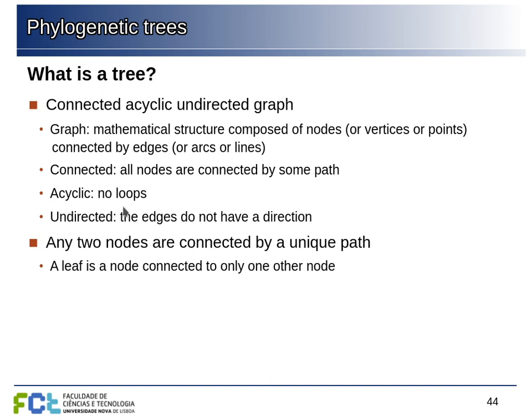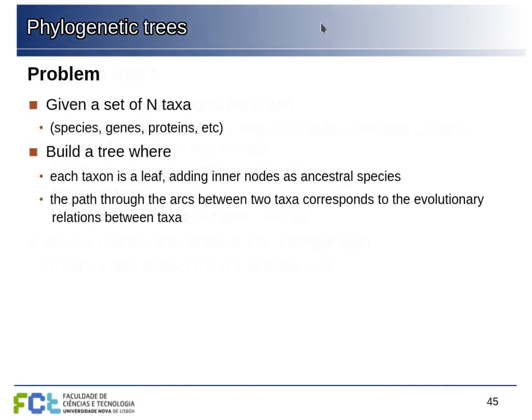We do not put arrows on these edges. They just connect the different nodes. So between any two nodes, there is only one unique path that joins them. So if we want to go, for example, between humans and dogs, we would go to ancestors of humans all the way to the common ancestor to dogs, and then back again in the dog lineage until we get to the dog. So there is always one path joining any two nodes.